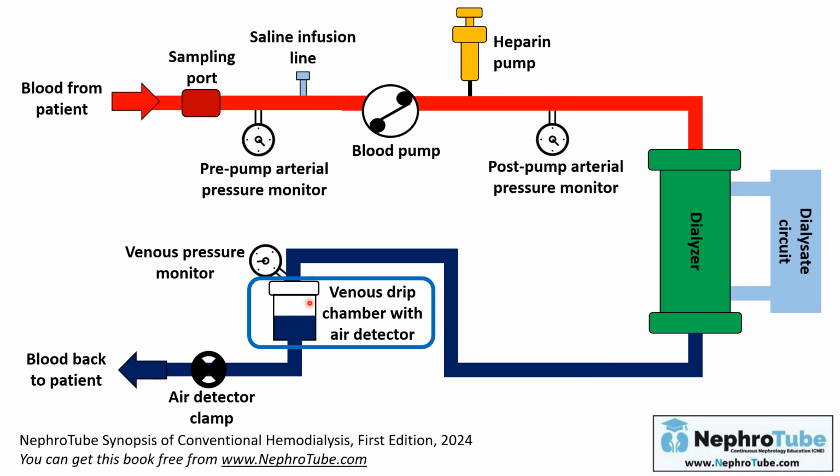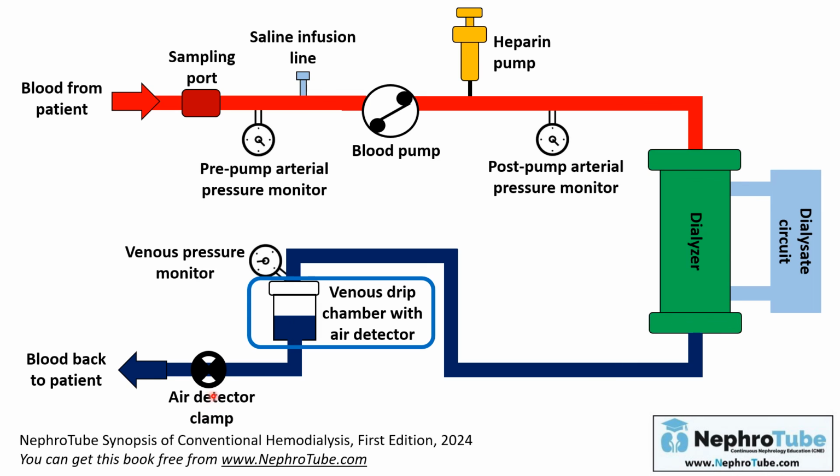If the blood level in this chamber falls below the blood level detector due to the presence of excessive air in this chamber, this will be sensed by a form of ultrasound behind this chamber that will trigger an alarm because of the air accumulation in this area and the lower blood level.